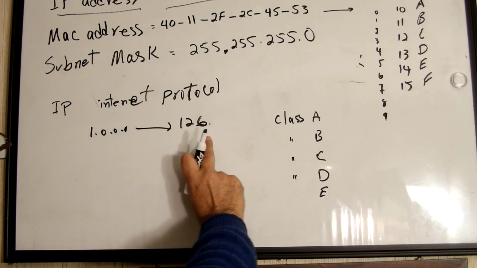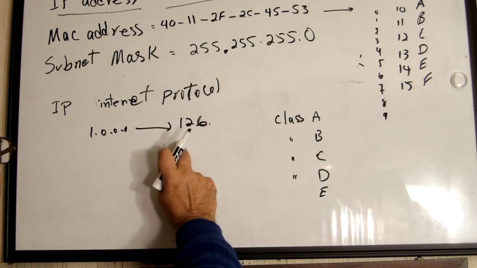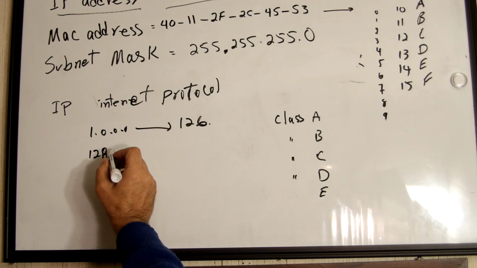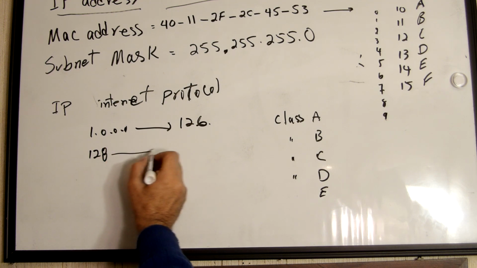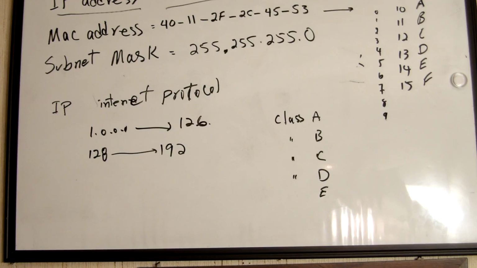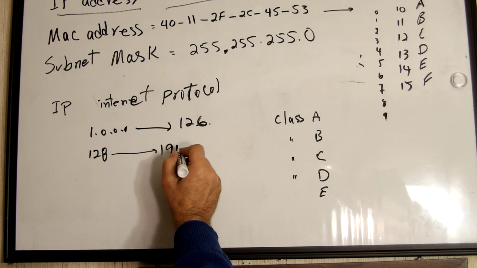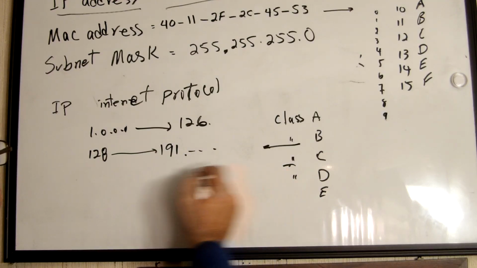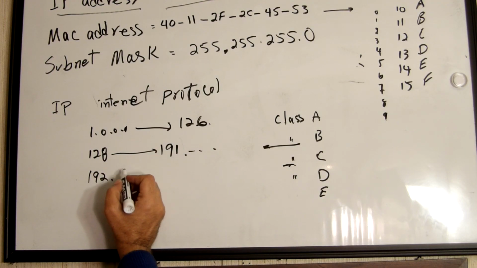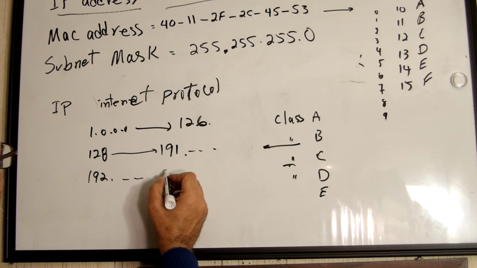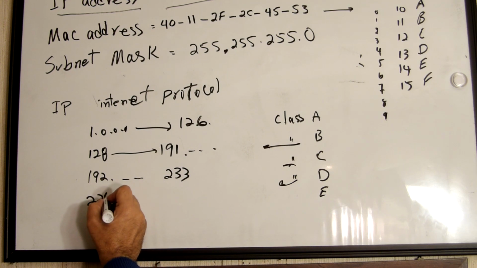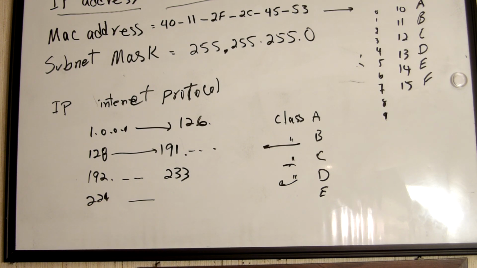Class A is from 1 to 126, and we'll talk about why 127 is skipped. 128 to 191 is class B, and class C starts from 192 to 223. We also have class D, which starts from 224 to 239.